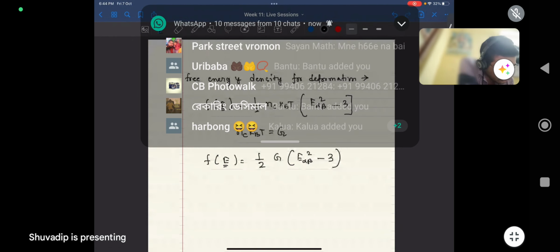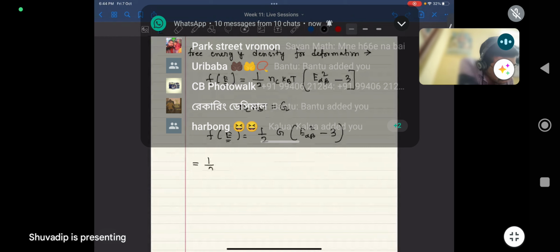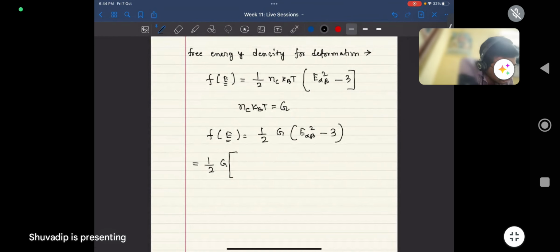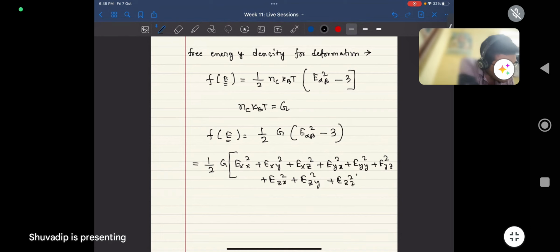Now there will be all the terms of alpha beta, so in total 9 terms: E xx square, E xy square, E xz square, plus E yx, E yy, E yz, plus E zx square, E zy square and E zz square, and minus 3.